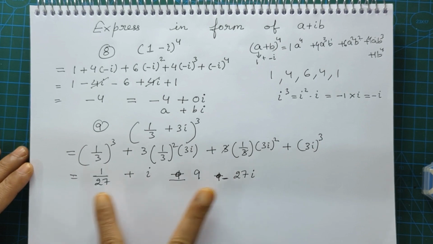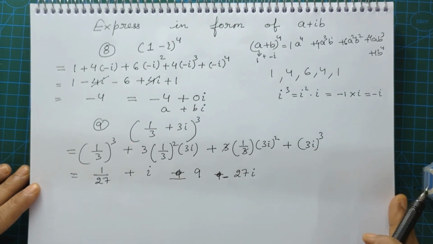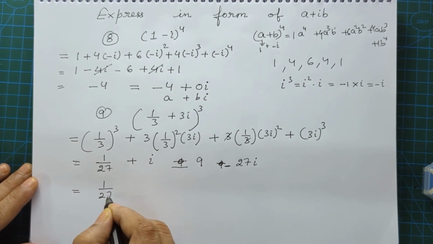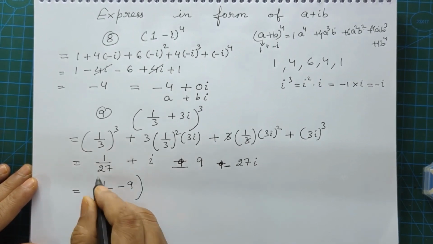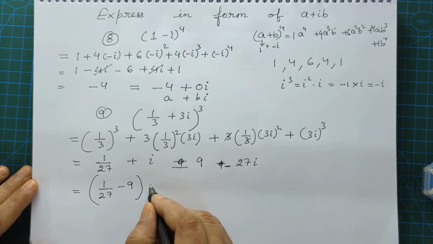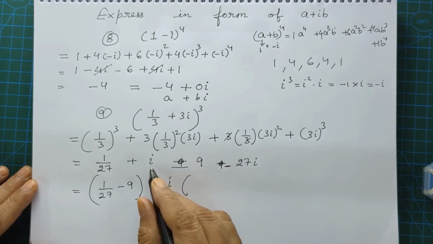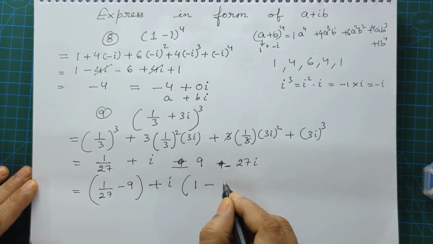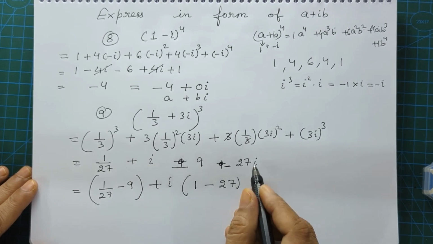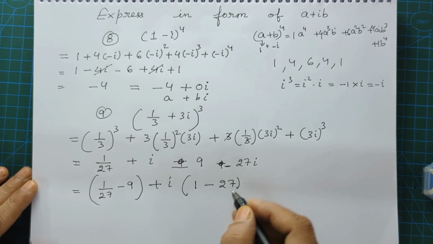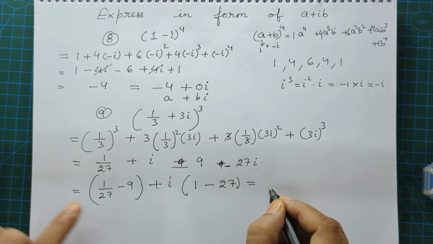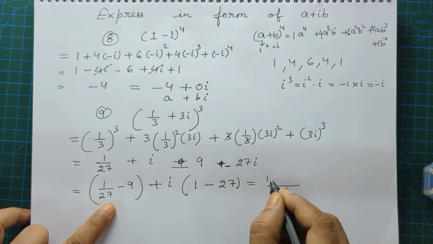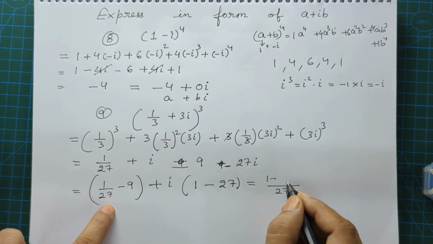These are like terms and these are like terms. 1 by 27 minus 9. I is the highest common factor, so this I is taken out: in place of this, 1 minus 27. The first part, the LCM of the denominator is 27: 1 minus 9 times 27 in this location.